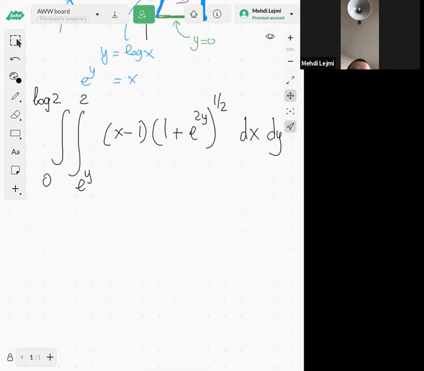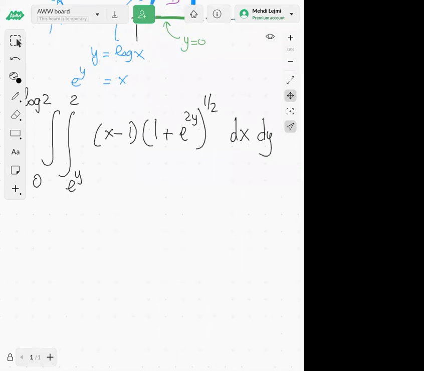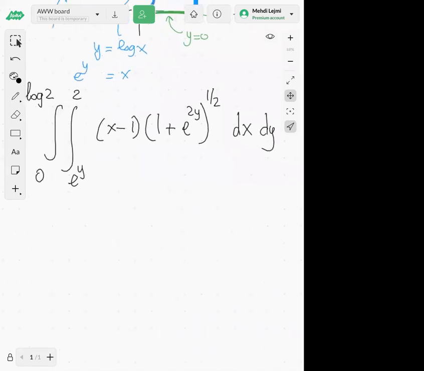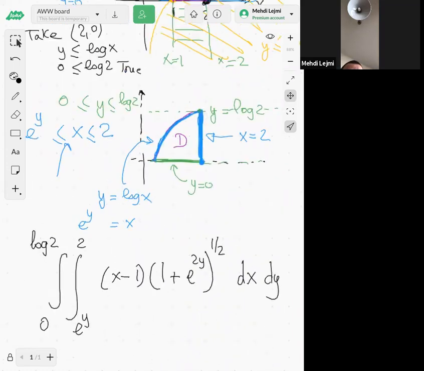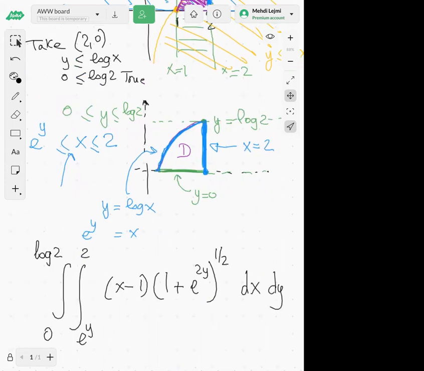If you get the right bounds, then you're almost done, because I think in some cases the problem with changing the order of integration is to find the bounds, right? Anyway, so now, does it make sense to you, how I got the bounds?